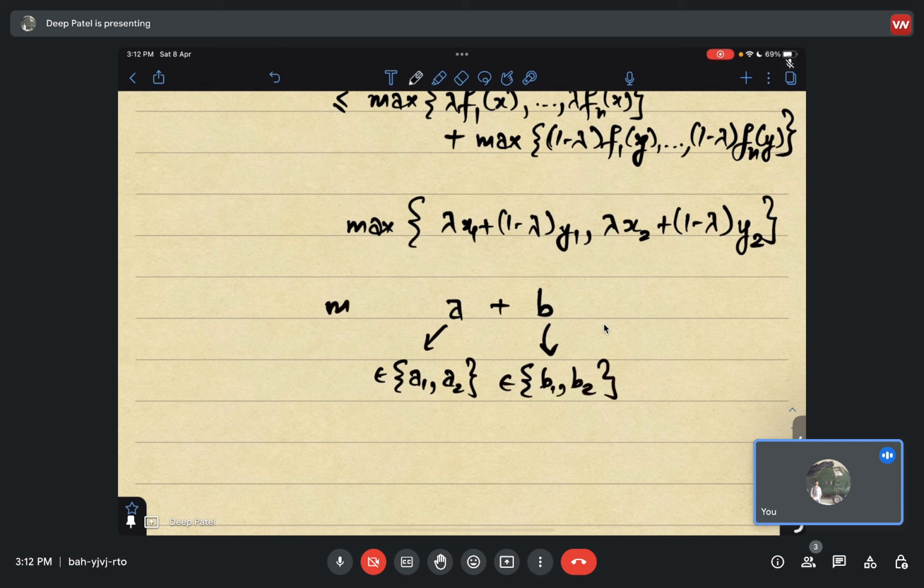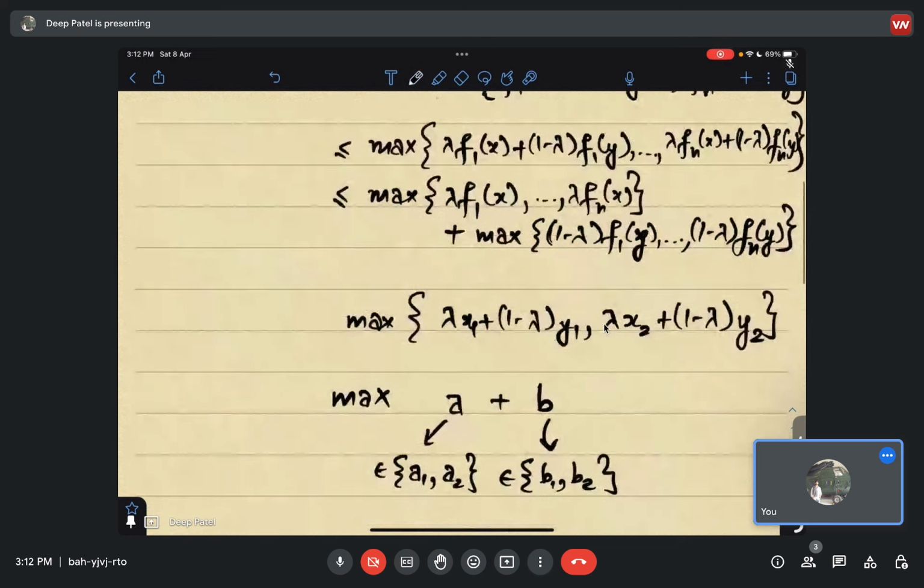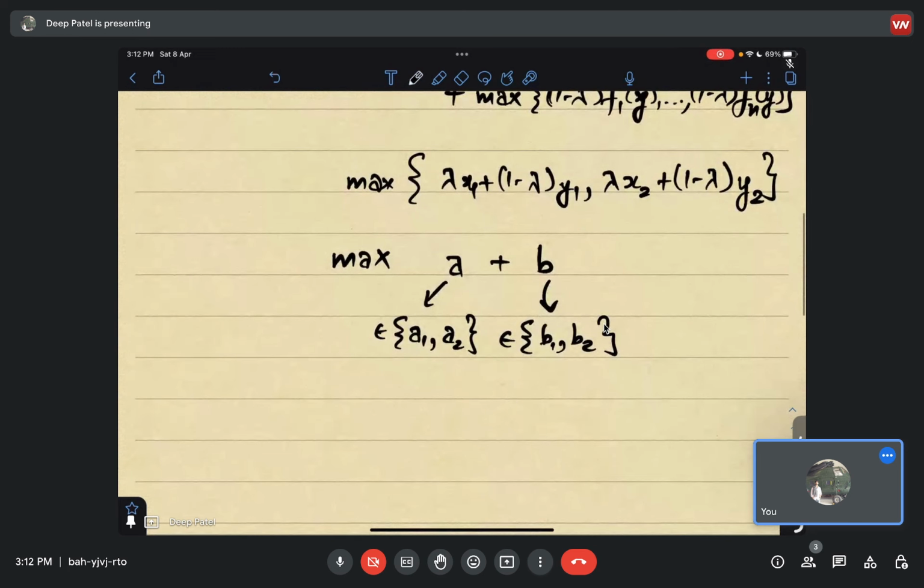So if I want to do this maximization, can I say something about this? Yeah, you can take the maximum of a. There are two candidate values, so you could do it pointwise.